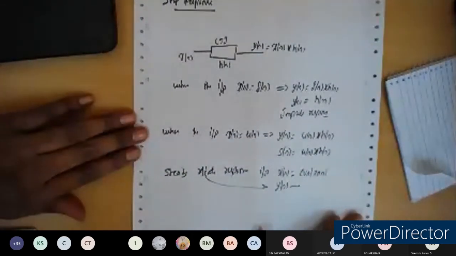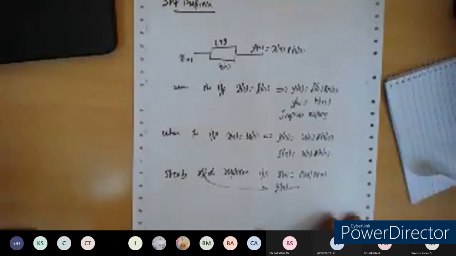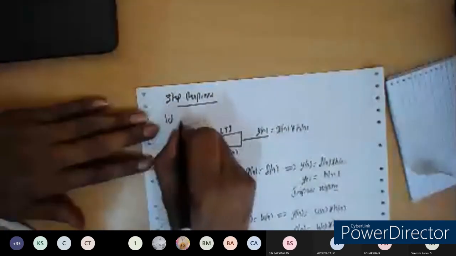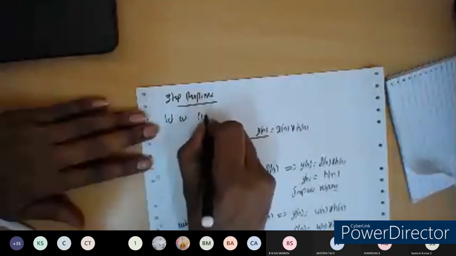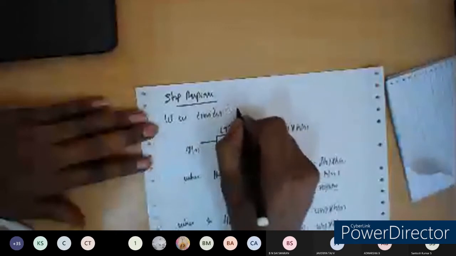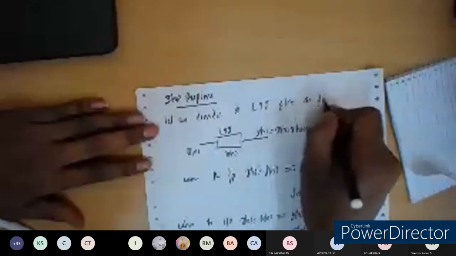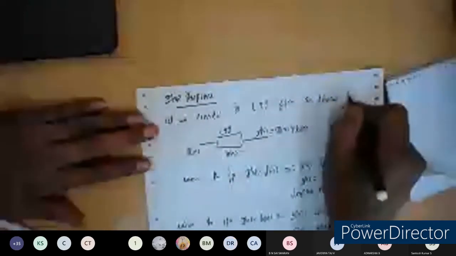Okay, so take some sentence here. Let us consider an LTI system as shown below.